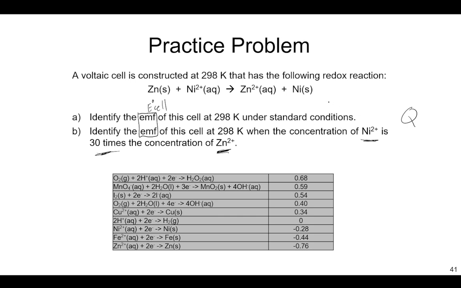Okay, so the first part is straightforward. Let's just find what is being oxidized. Zinc is going from 0 to 2 plus, losing electrons, oxidized. Nickel going from 2 plus to 0 is being reduced. Cathode, it's this one. So we're going to do cathode minus anode to get my cell potential here.